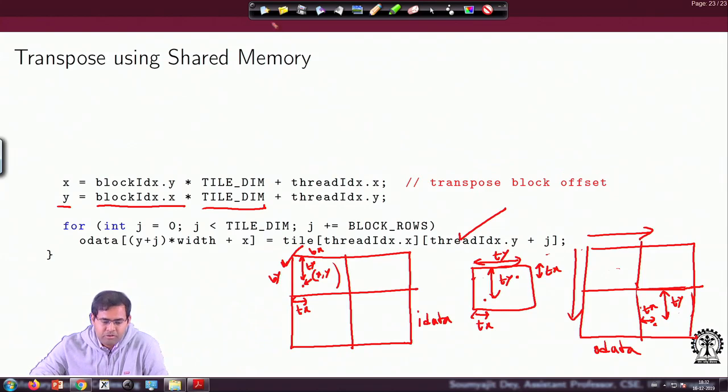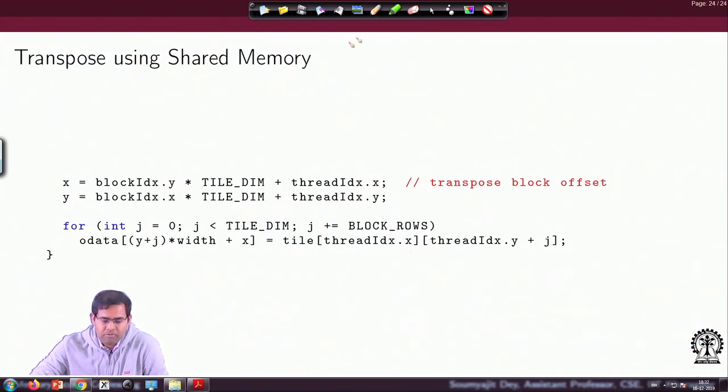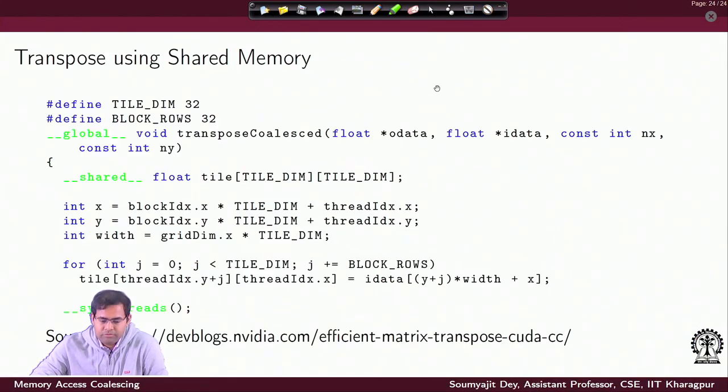Okay. So now observe the access patterns that you have. From the input data you are writing to the tile. All the global loads are now coalesced, because you are reading from the global memory.